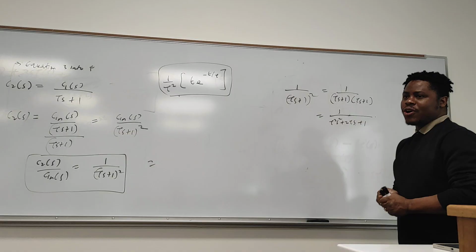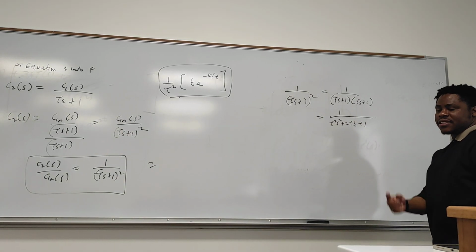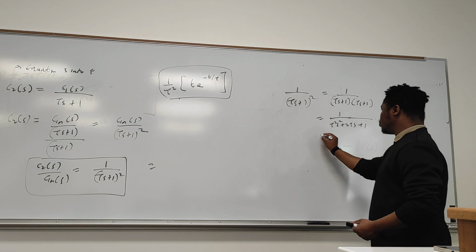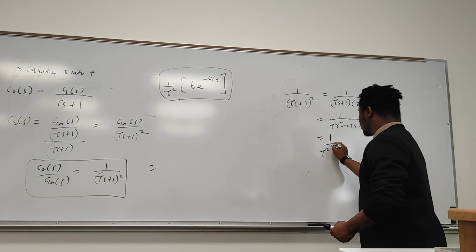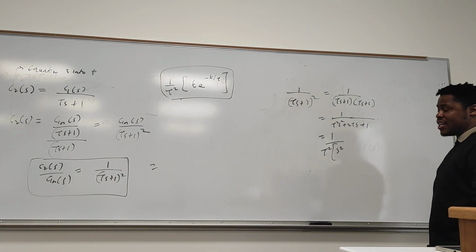From here, who can tell me what we can do? Anyone? Yes, tell me. Like taking out the tau squared from all of that. Yes, you could do that. You could bring this tau squared out, so it becomes 1 over tau squared, because we want this s squared to be alone, so it becomes easier to solve.